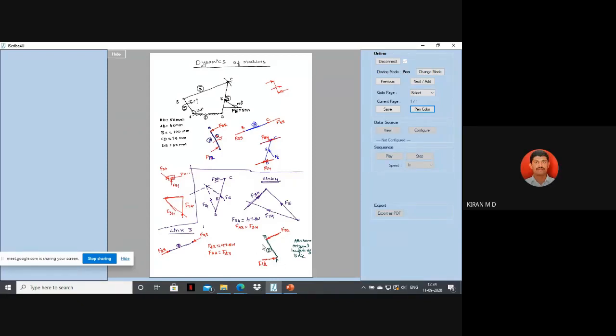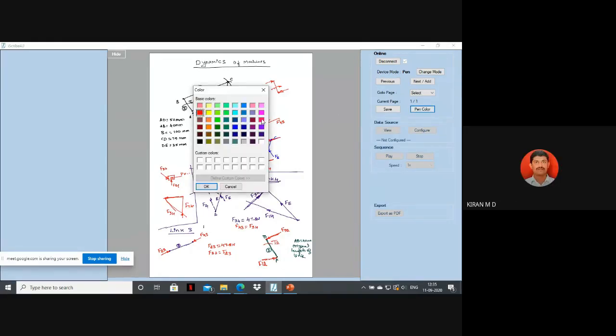So now, what do we need to find? We need to find the T2 torque, right? The torque is equal to F32 into distance. What distance are we going to consider?